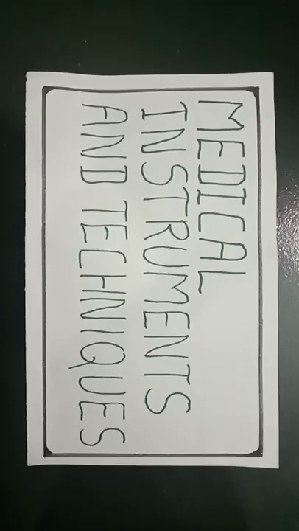This electroencephalogram device is used to record the electrical impulses of the brain. Actually, the electrical activity of the brain is recorded by this instrument. You all know our brain is made up of cells, mostly nerve cells.